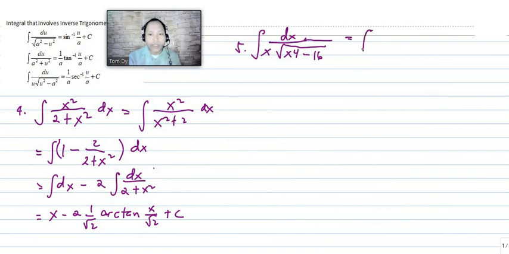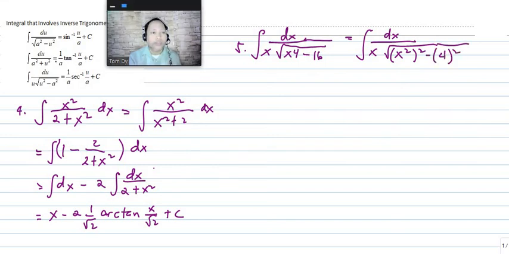Rewriting this one, you have dx over x times the square root of x squared squared minus 4 squared. If you look at this one, this is u, and then u squared is supposed to be x squared squared minus 4.